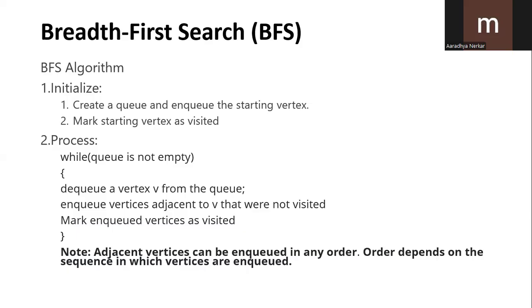Then enqueue all the adjacent nodes of the dequeued node that have not been visited yet and repeat the process. Note that the adjacent vertices can be enqueued in any order. That is why there is no unique output or no unique order. The order depends on the sequence in which the vertices are enqueued.